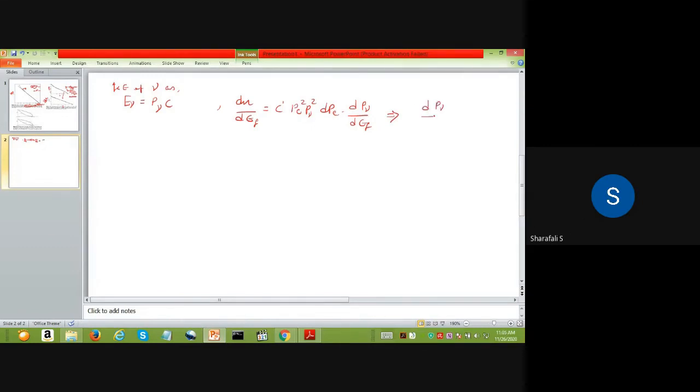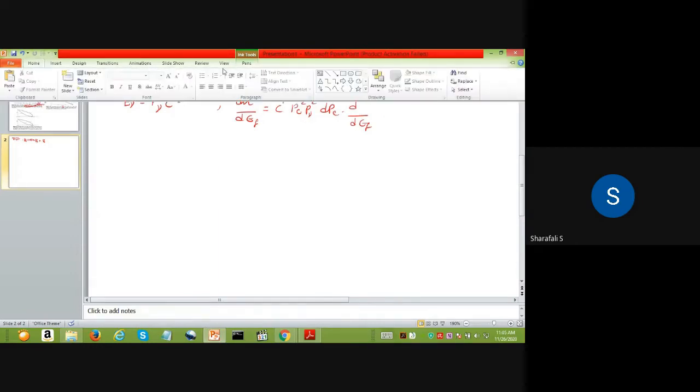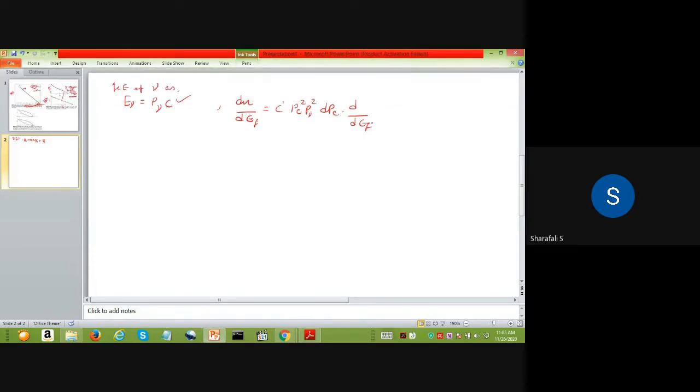We analyzed dp nu by dE f and substituted dp nu from this equation.